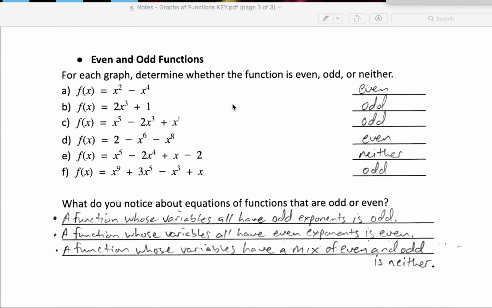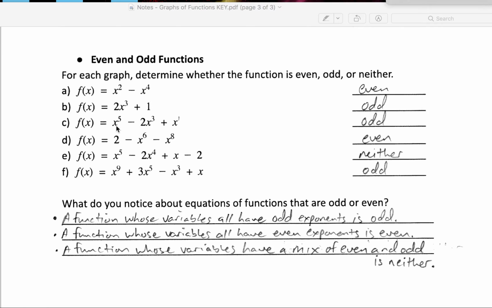All right, but there is a way that we can actually just look at the function equation and determine whether it's even or odd. We don't have to look at the graph or the symmetry. As it turns out, functions that have variables that are all even numbers turn out to have that y-axis symmetry, and we call those even functions.